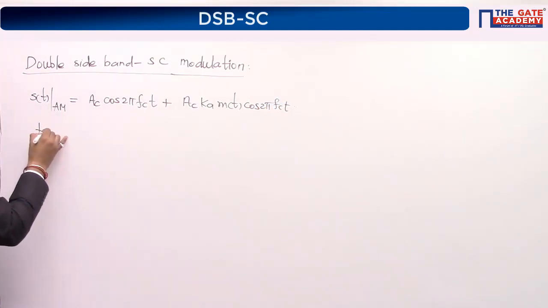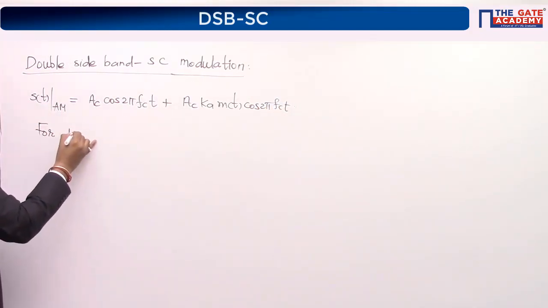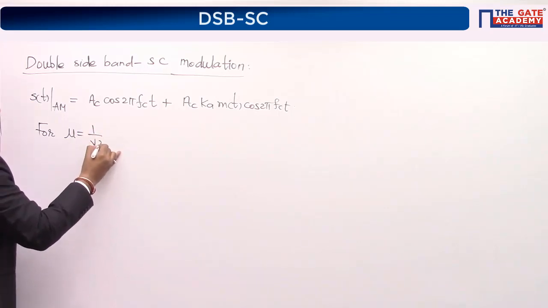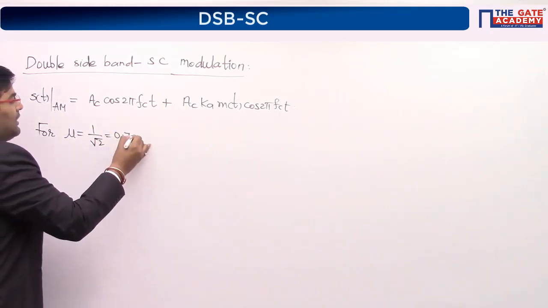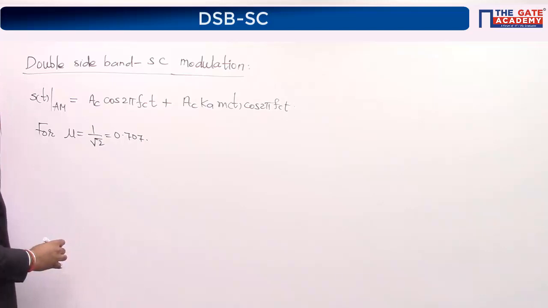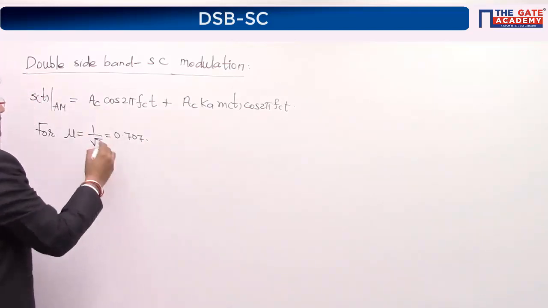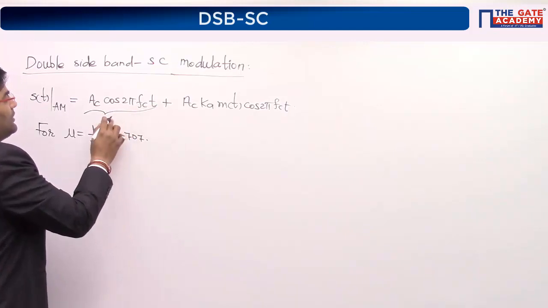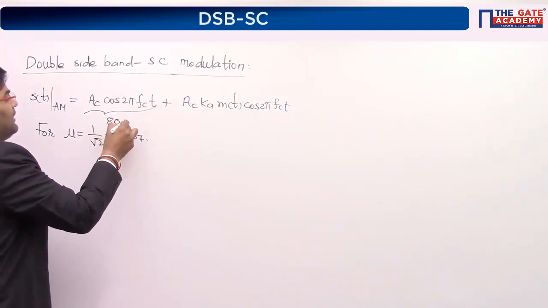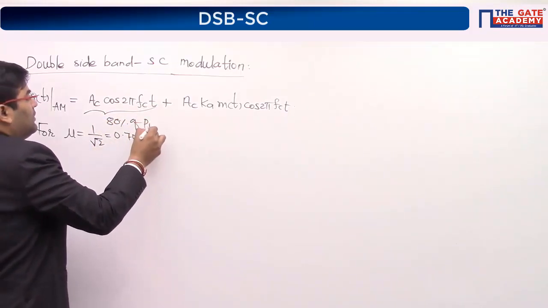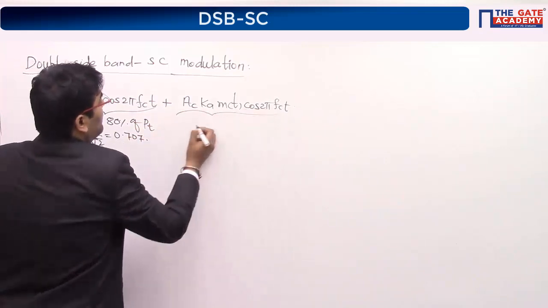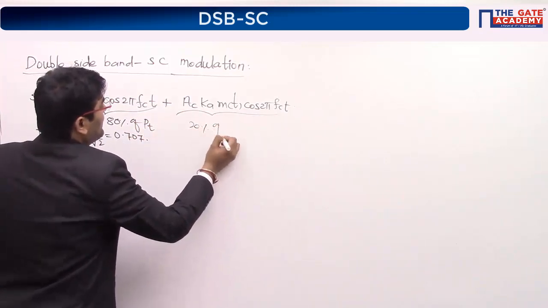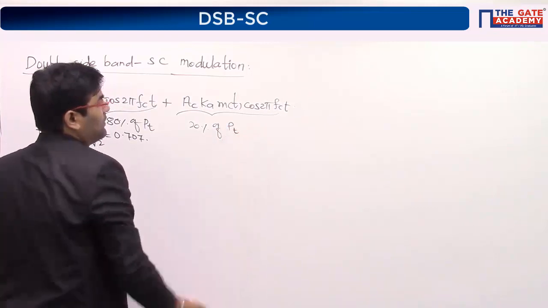So if I take mu equal to, let's say some other value, 1 by root 2, 0.707, you recall that for this mu the carrier was taking almost 80% of total power, and the message signal was using just 20% of total power.